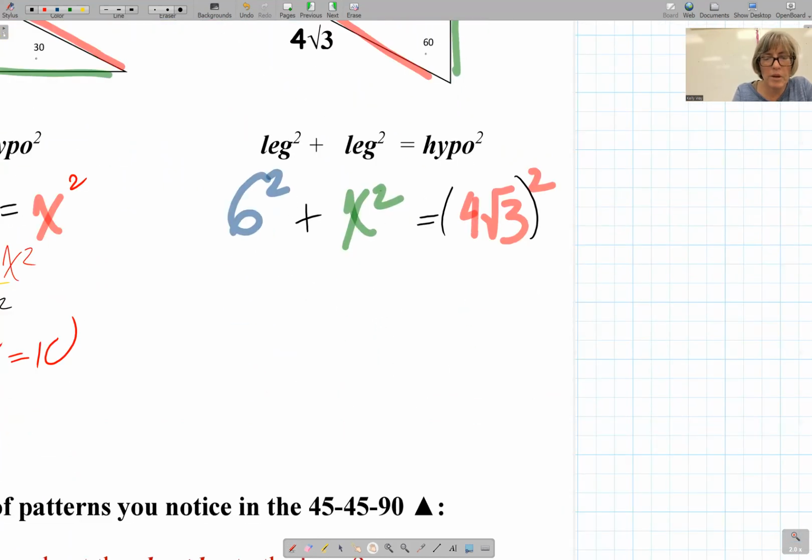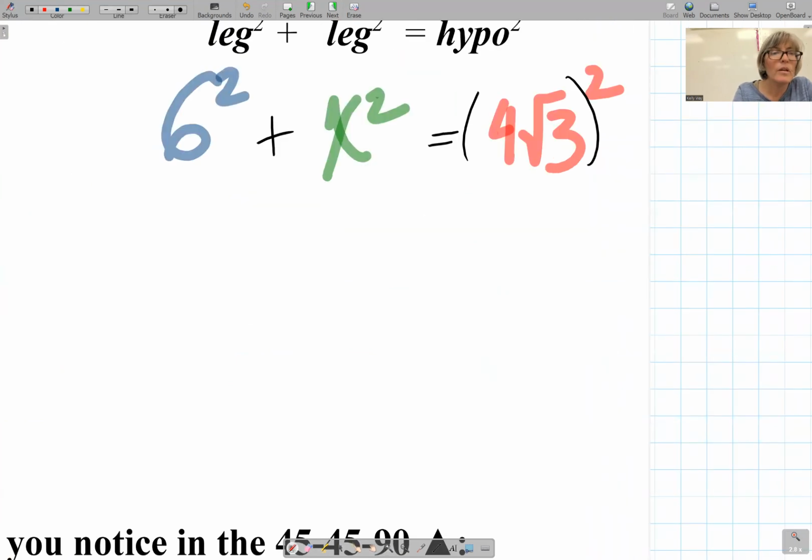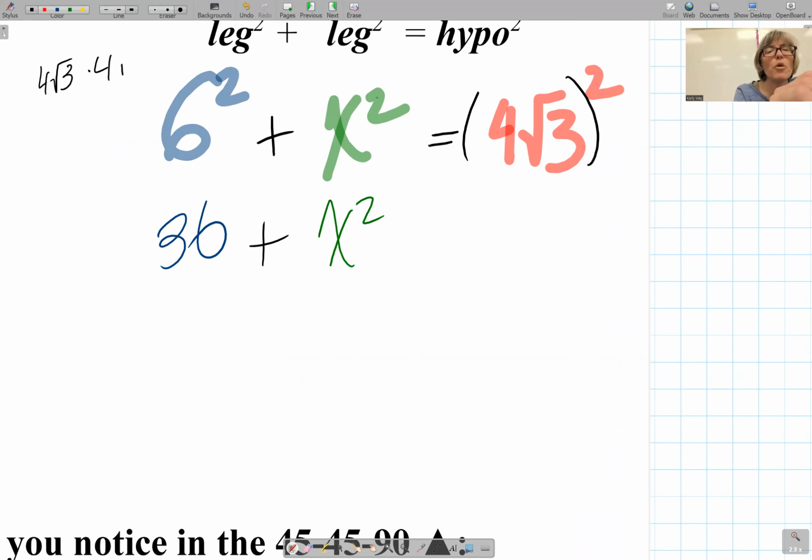Okay, we're going to do the math here. 6 times 6, x squared. In the margin, we're going to do 4 root 3 times 4 root 3. 4 times 4 is 16. Root 3 times root 3 is 3. 16 times 3 is going to be 48.